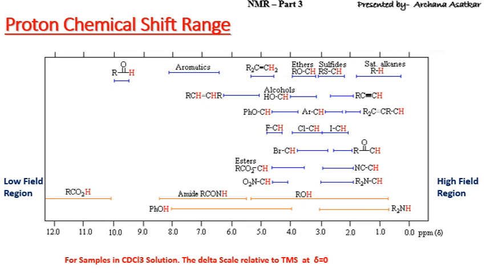And for various other examples, for RC triple bond CH, acetylene or ethyne, we will observe the NMR peak would be from 0.9 to 1.9.